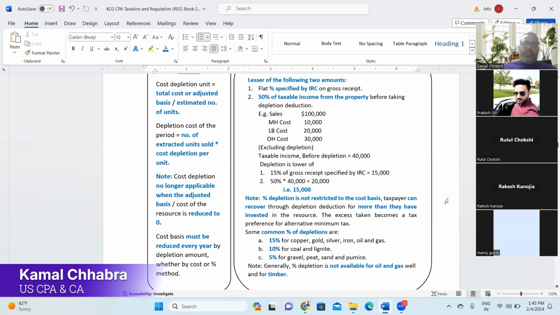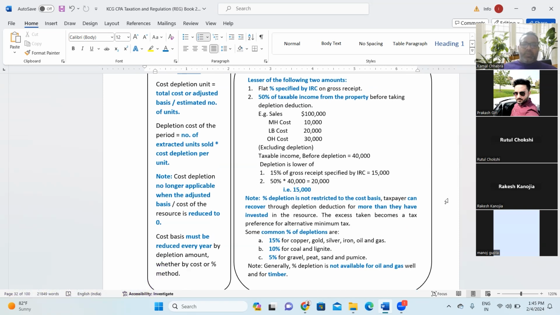So the cost of depletion is no longer applicable when the adjusted basis or cost of resources is reduced to zero. For example, initially you expected that this mine will give you 1000 metric tons of gold, right? And you have extracted all 1000 metric tons of gold, but there is still more gold available, right?